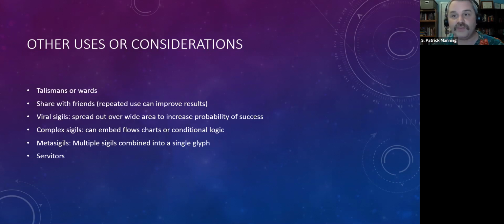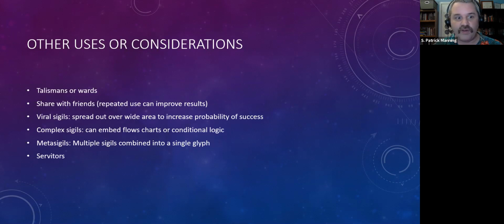Basically, you would have conditional statements and different sigils for the different components, like you're doing subroutines. And then you would have the larger system that says, if this condition, then this thing, or else this thing. Or you can even have recursive or even replicating things, which is crossing a line into servitors, and I can talk about that at length, but that's really another class, I think, or another presentation.